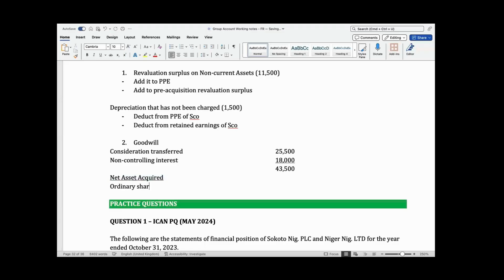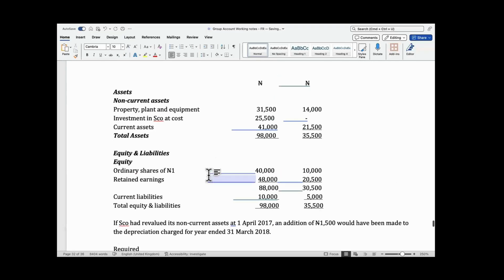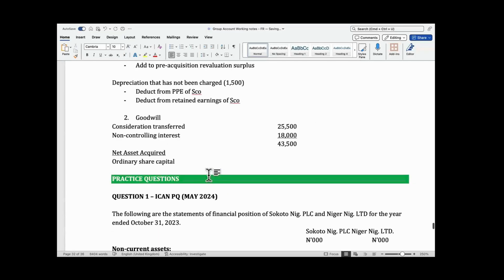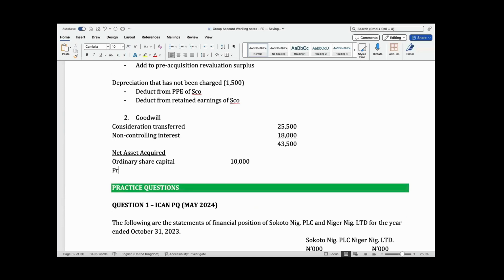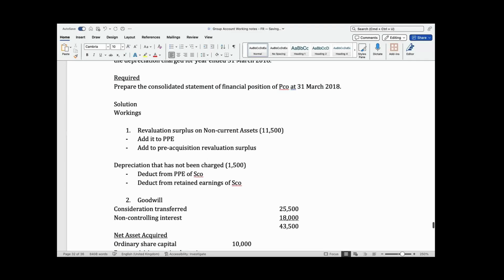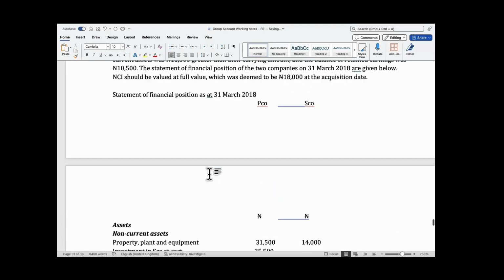What's the ordinary share capital of the subsidiary? 10,000. What's the pre-acquisition retained earnings? $10,500.